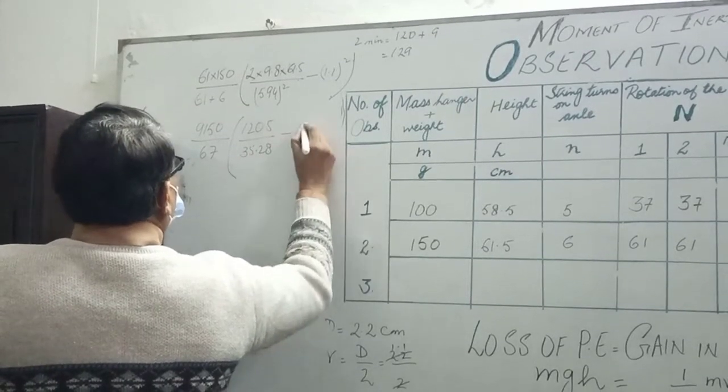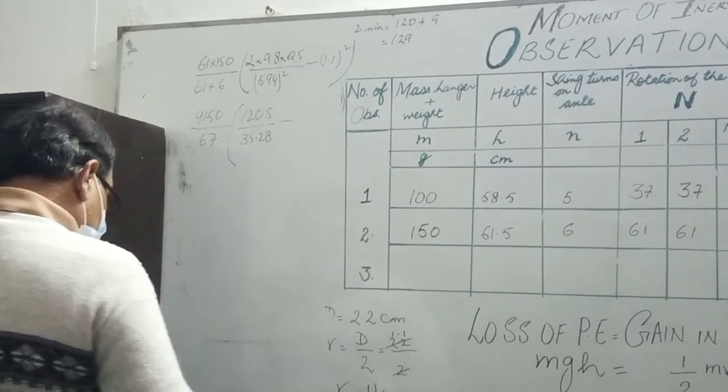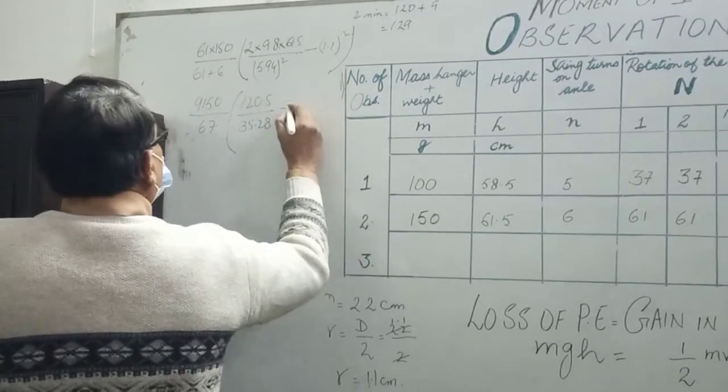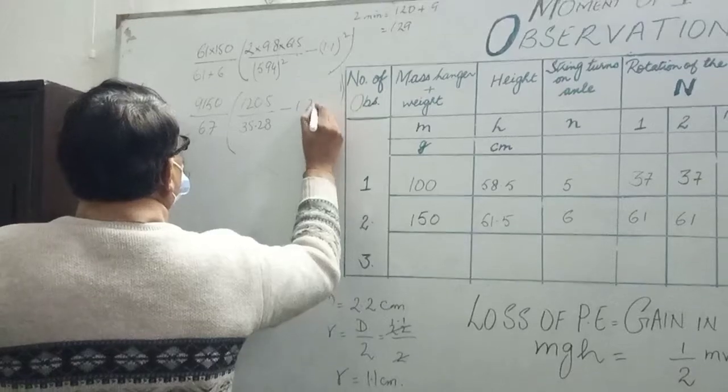35.28 minus with the square of 1.1 square, it becomes 1.21.